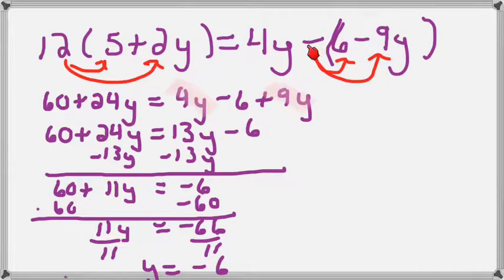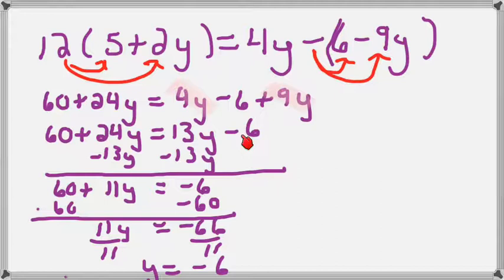Remember that whenever you see a minus right next to parentheses, you're distributing negative 1 to both of these things. Now I have to combine like terms on the right hand side because the 4y and the 9y are like terms. They're on the same side of the equal sign. When I add them together, I get 13y, drop down that negative 6.